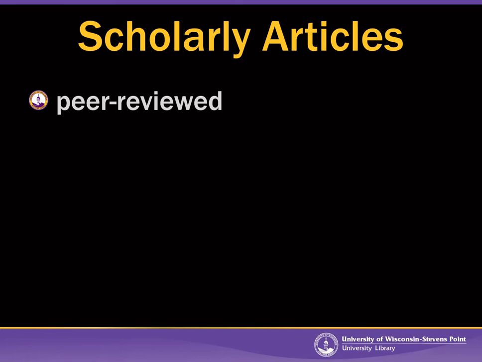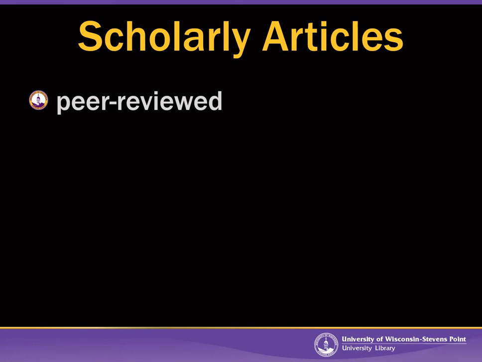Scholarly articles have specific criteria. I put a handout in Canvas to help you identify scholarly articles, and you'll have to use the handout for the homework assignment. The main criterion is that the article is peer-reviewed. So before the article is published, the journal sends it to experts in that field.